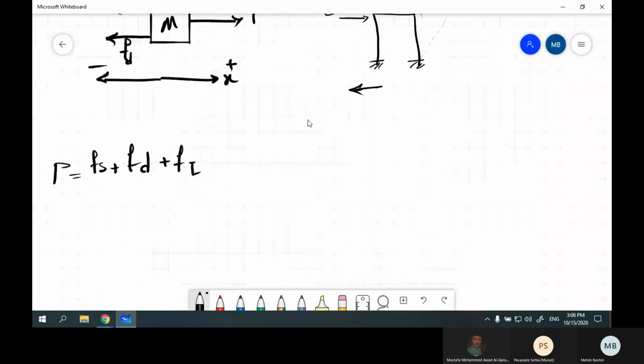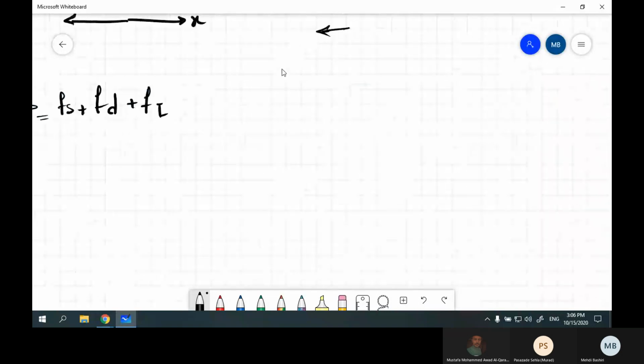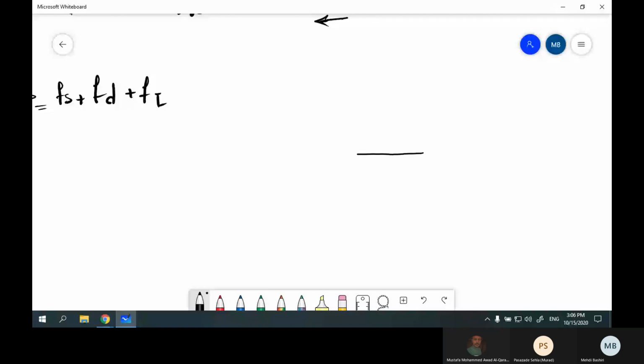Let me explain from the beginning. This is our structure. This is the shaking of the ground because of the earthquake.